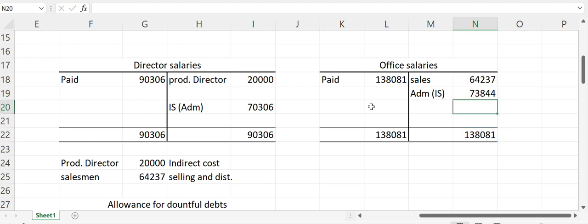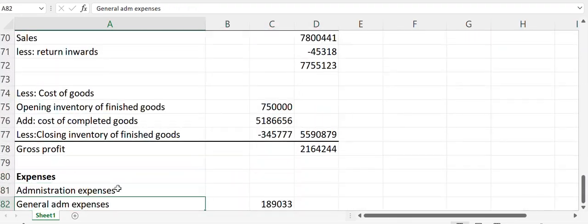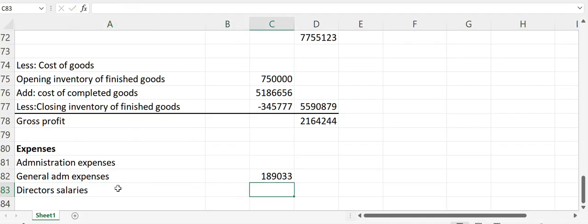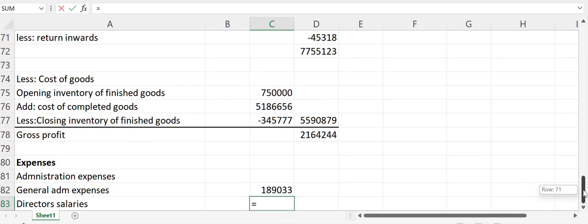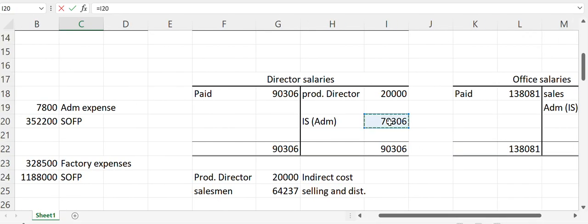Yes. So now we go back to our accounts here, and administrative expenses, we start with director salaries. The director salaries, we've computed here, this balancing figure.